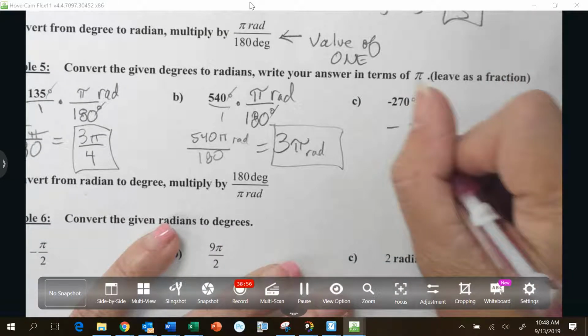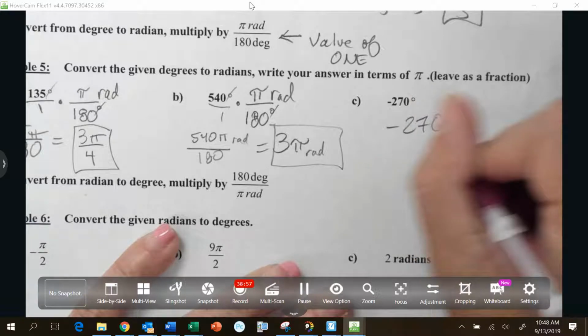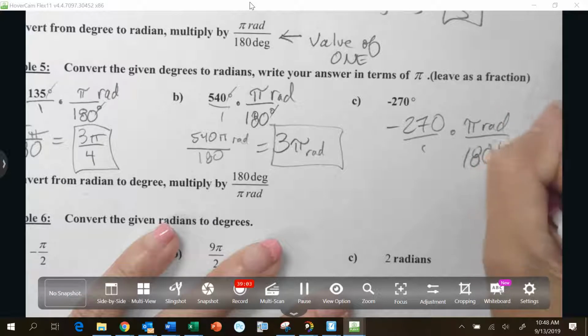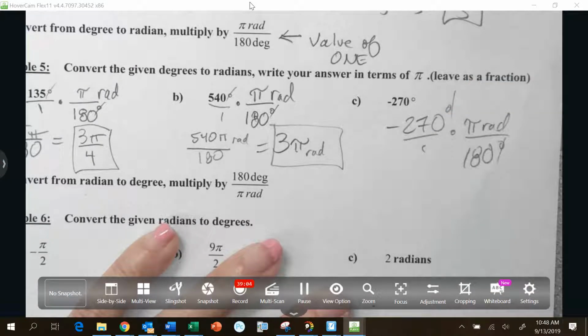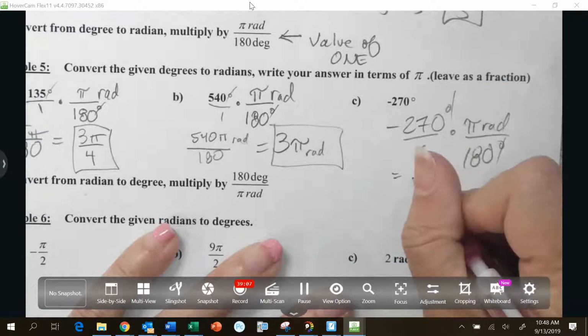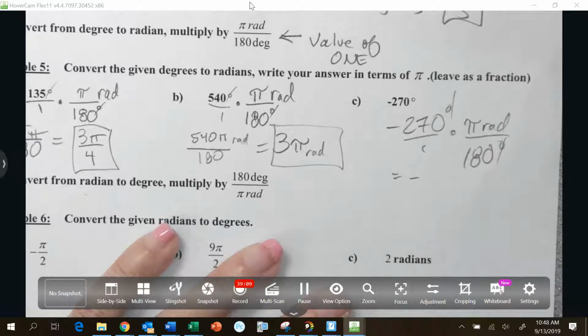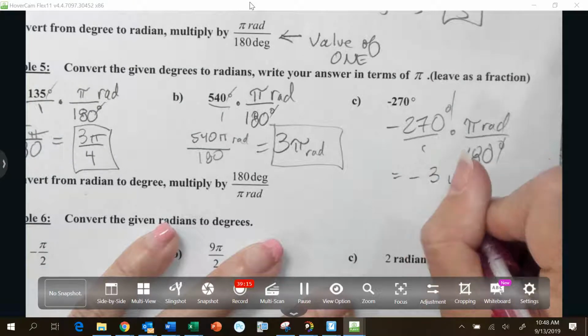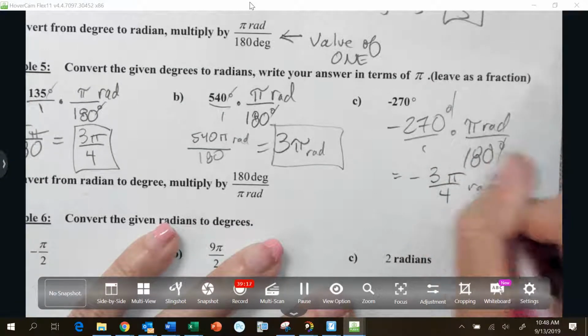Negative 270, same thing. My degree symbols cancel out. I get negative 3 pi over 4 radians.